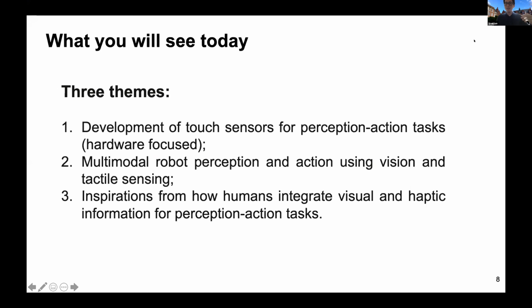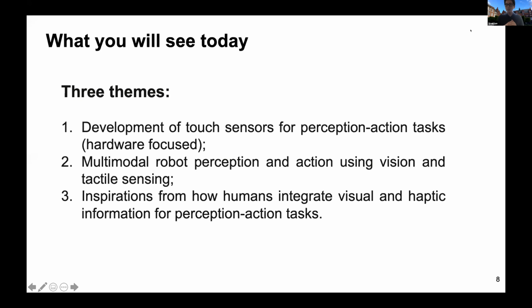We have three themes for our workshop. The first one is hardware focused: development of tactile sensors for perception and action tasks. The second is multimodal robot perception and action using vision and tactile sensing. The third is more on human tactile sense, and also how to combine tactile sense with vision, with inspirations from how humans integrate visual and tactile information for perception and action tasks.